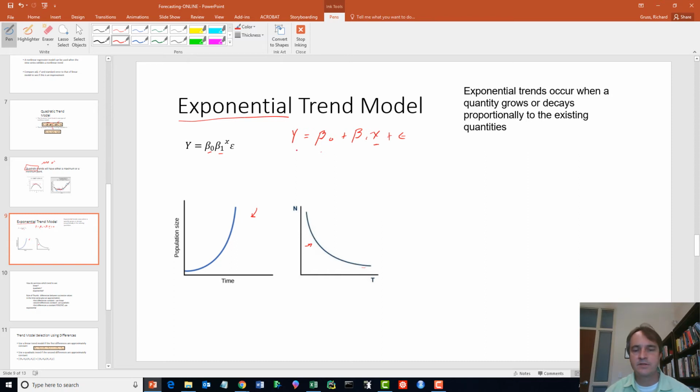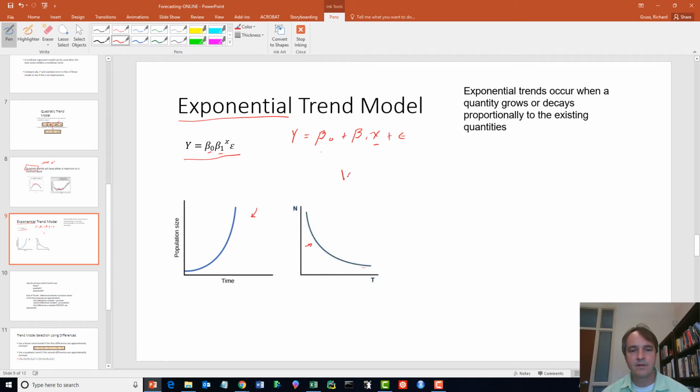So I'm just going to very quickly show you what you would have to do. If you do have data that you think follows an exponential pattern and you want to use a regression to forecast, then what you have to do is this. Let's take the log of both sides of this.